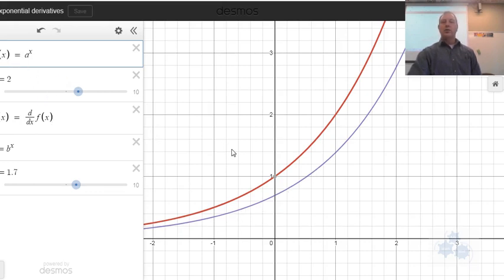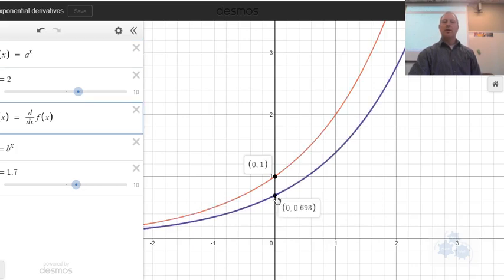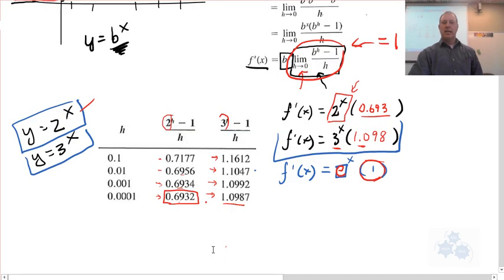So y equals 2 to the power of x has a point here at 0, 1, which most exponential functions do. Look at the derivative value. So again, if we have the derivative here, look at what the derivative value is. At 0, the value of the derivative is 0.693. Going back to our notes, 0.693 is this constant here that we kind of determined, right?